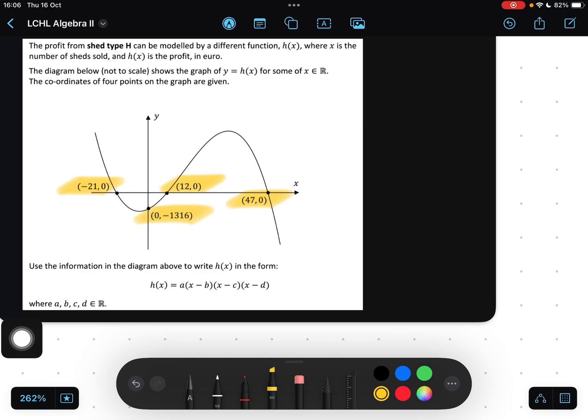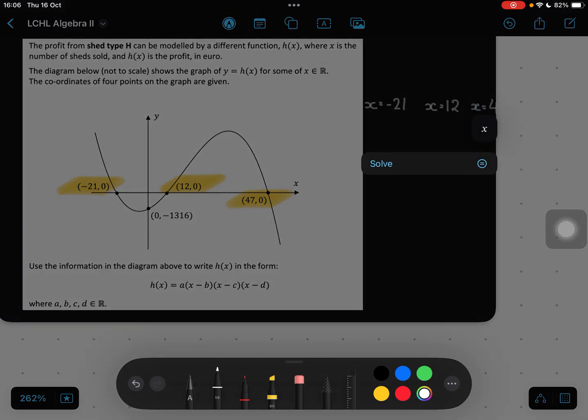So we are writing a function and we have been given different roots. My roots are all of the places where it crosses the x-axis. So from this, I can say that my roots, everywhere that it crosses the x-axis, are x is minus 21, x is 12, and my last root, x is 47.